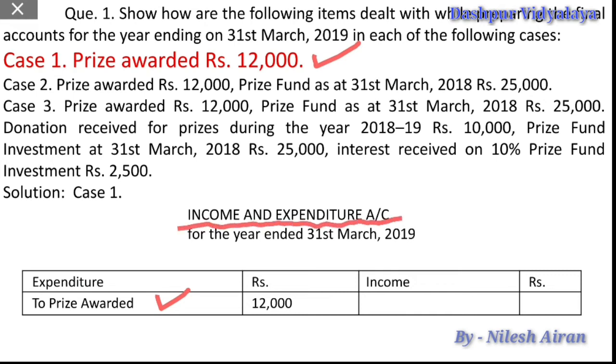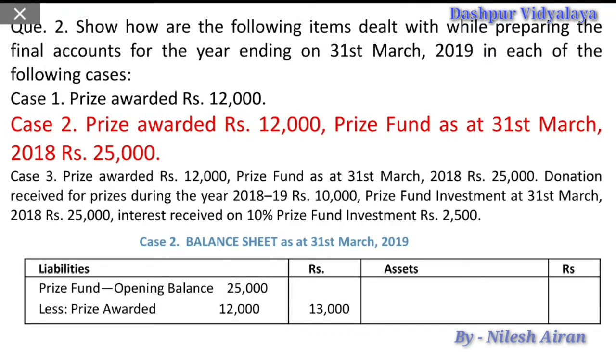Okay, at the end of the accounting year. In the same question, we are given the second case. Here we are given prizes awarded rupees 12,000 and prize fund rupees 25,000. When we are given the fund, the expenditures are to be deducted from that fund only. So instead of preparing the income and expenditure account here, we'll have to prepare the balance sheet.